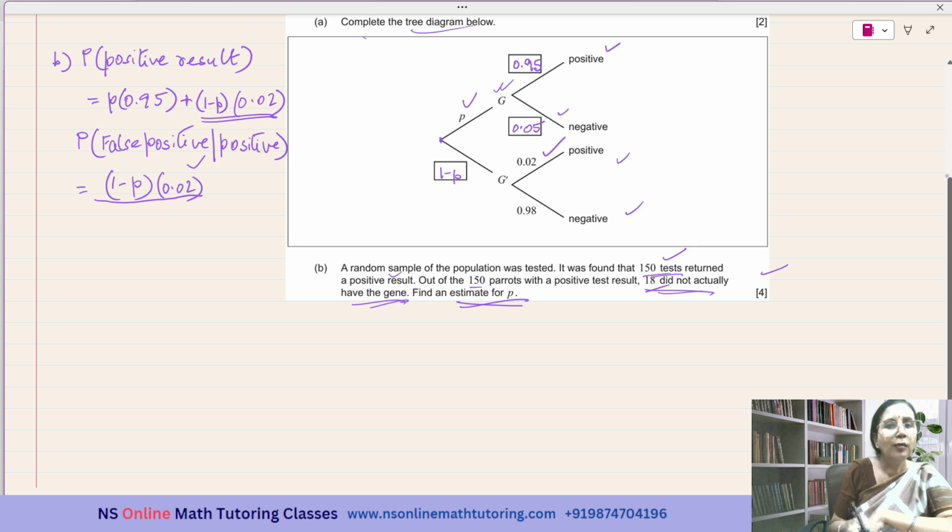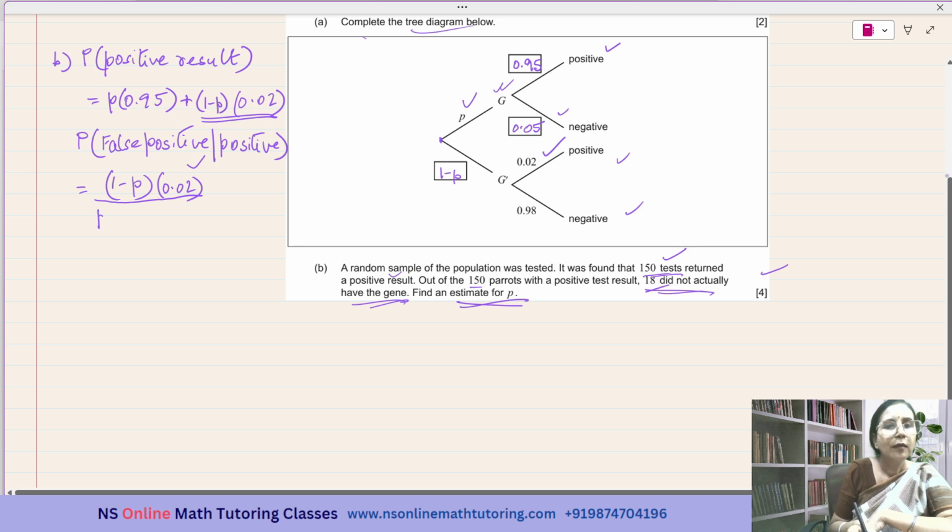Over the whole expression, 0.95 P plus 1 minus P times 0.02, and this should be equal to 18 over 150.